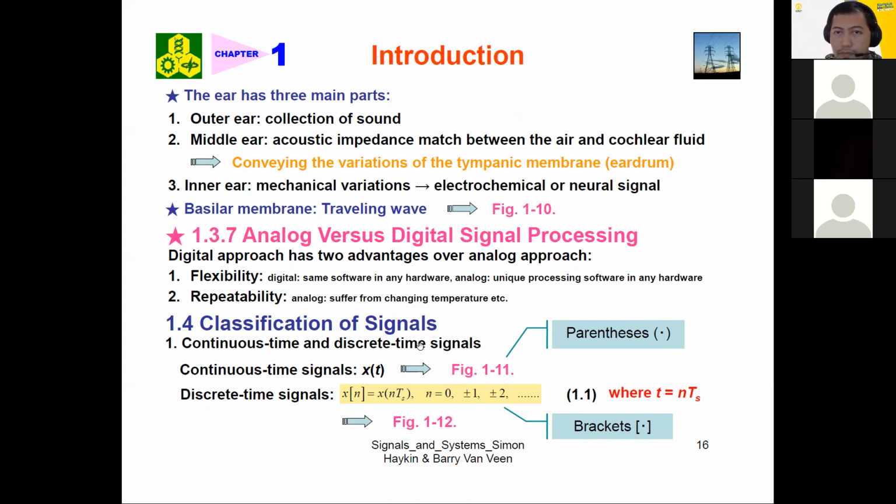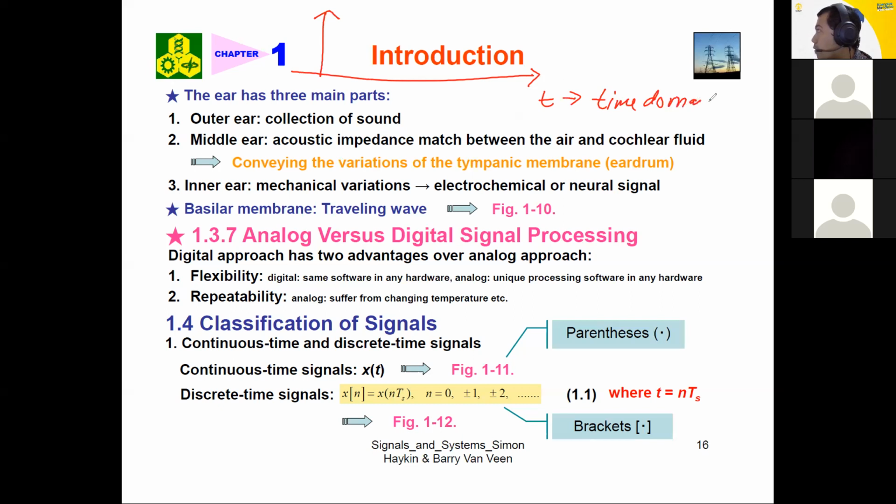Continuous signal: we have to define the signal in a certain domain. Usually the domain is represented on the x-axis. We can take an example, for example, the t domain means the time domain.